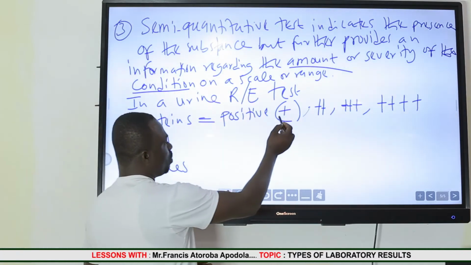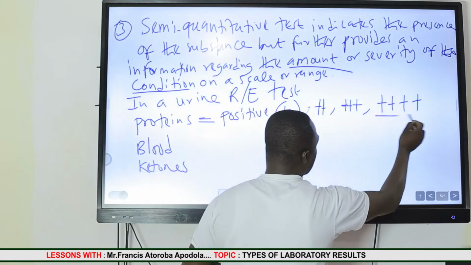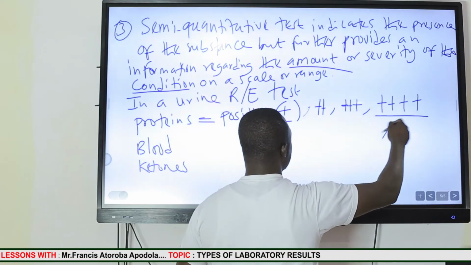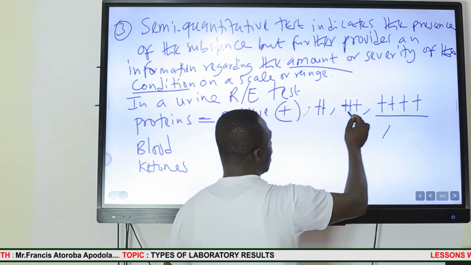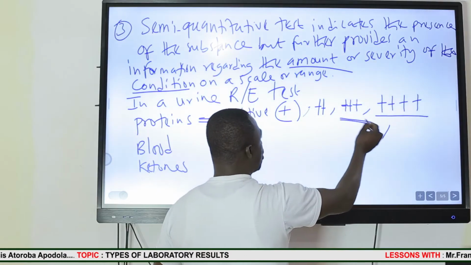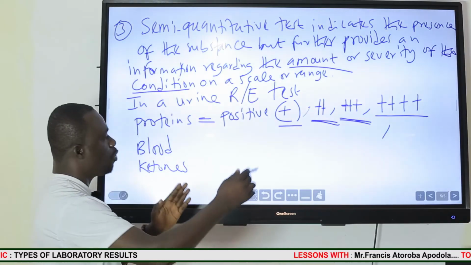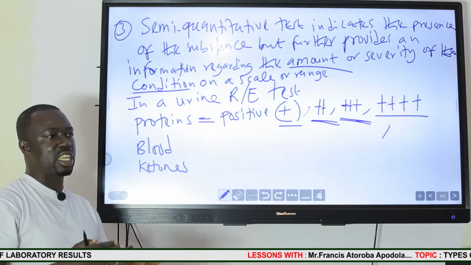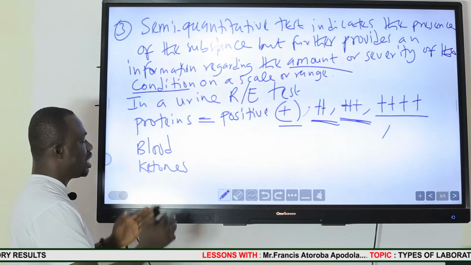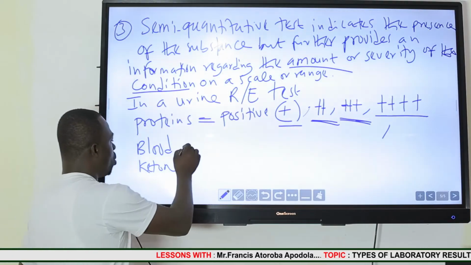So this implies that we have a higher concentration or higher amount of the substance as compared to this, and this is more than this, and this is more than that. That way of reporting, putting it on a scale of pluses, is a semi-quantitative result.